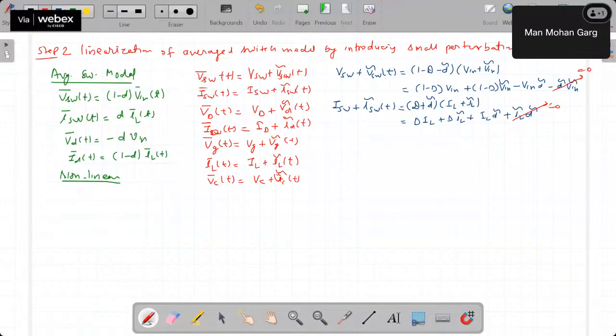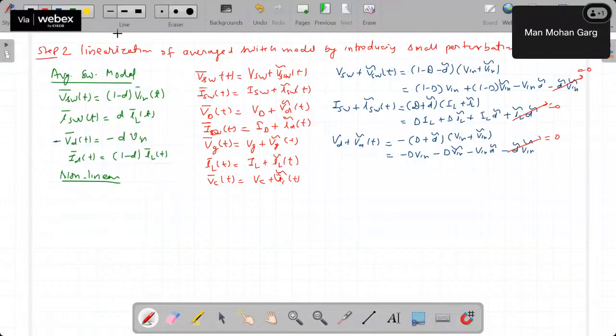The third one, this one VD: VD plus VD cap of T is equal to minus D plus D cap, times Vin plus Vin cap. Simplify it: minus D Vin, minus D Vin cap, minus Vin D cap, then minus D cap Vin cap. Again, in order to linearize, we just neglect these terms.